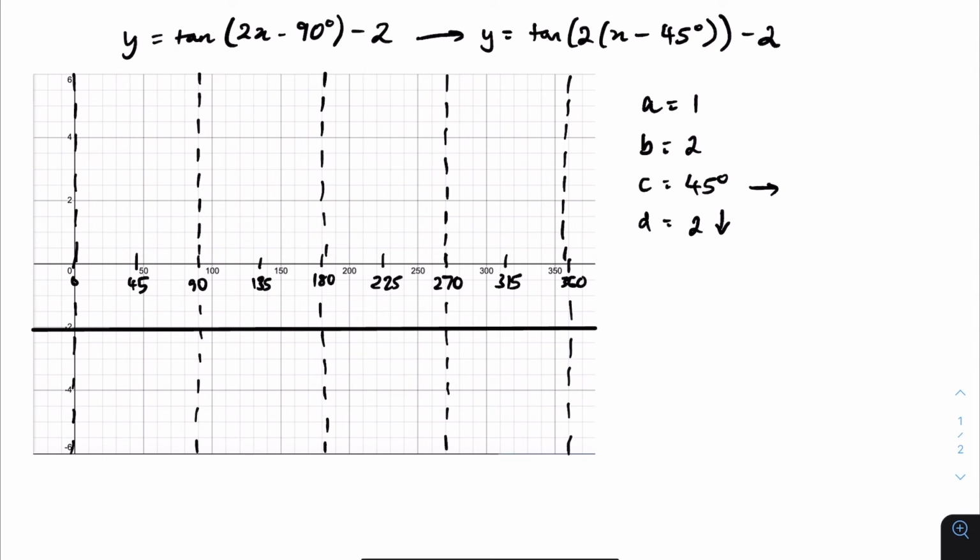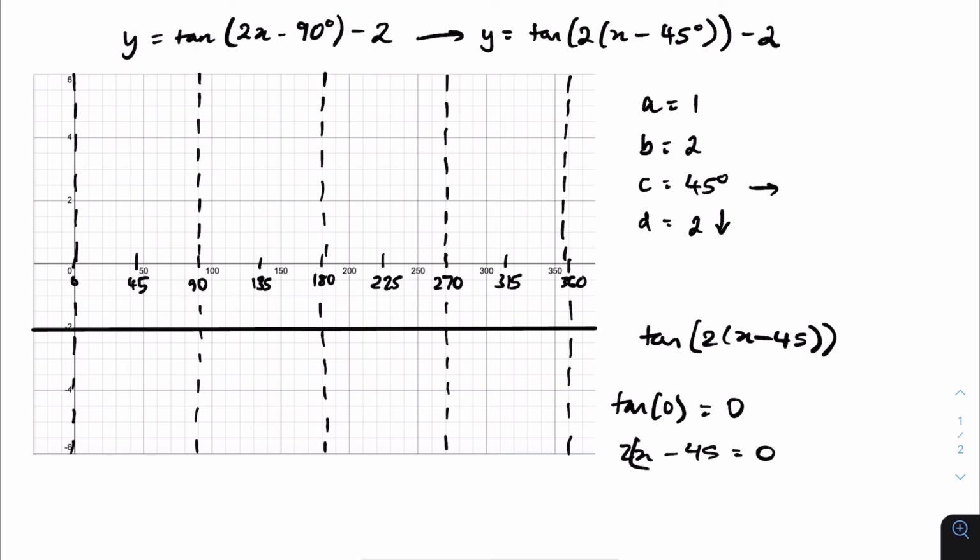Because if you look at this factored part here, where we've written tan of 2 of x minus 45, if we wanted to make tan 0, well, tan 0 is equal to 0. That means 2 times x minus 45 is equal to 0. So x minus 45 is equal to 0. So x is equal to 45 degrees.